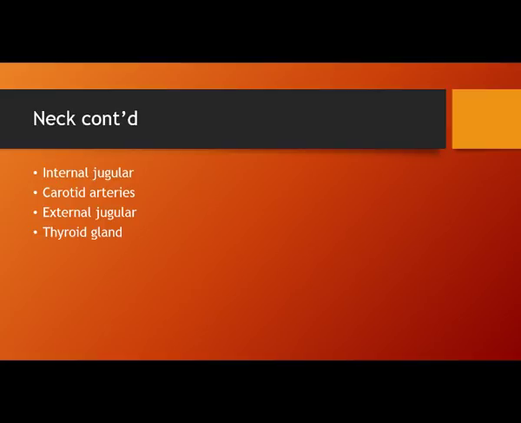And then the external jugular is on top of the sternomastoid muscle. These are going to be important later on when you're assessing heart and central vessels. And then the thyroid gland, which we'll be talking about later in this chapter, is also found in the neck.